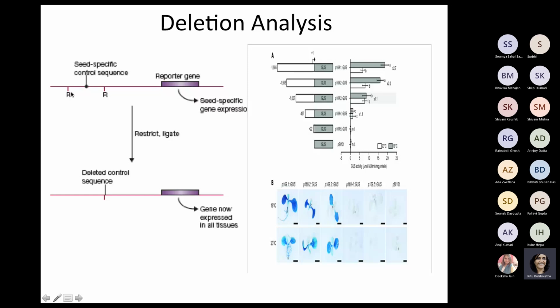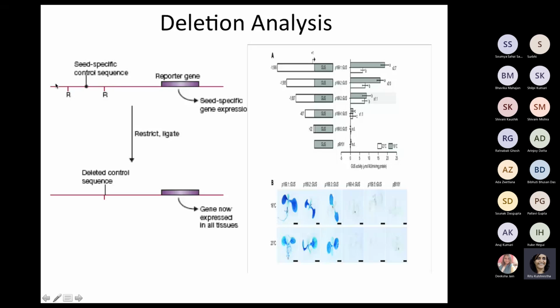In some cases you do in silico analysis of the promoter to look for certain tissue specific regions, or some transcription factor binding sites which are present here. So let's say a transcription factor which is involved in seed specific expression likely binds here. I want to be sure that that region is very important for it to be expressed in seed.